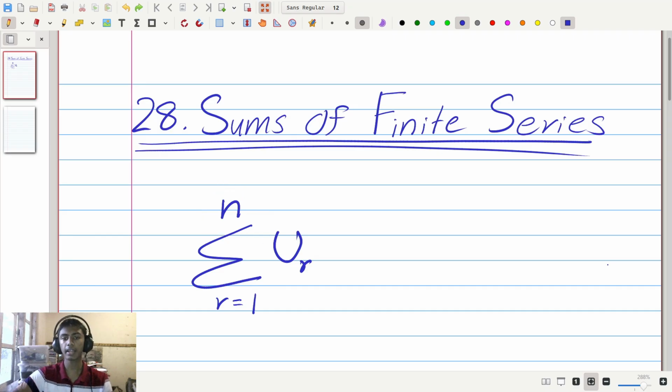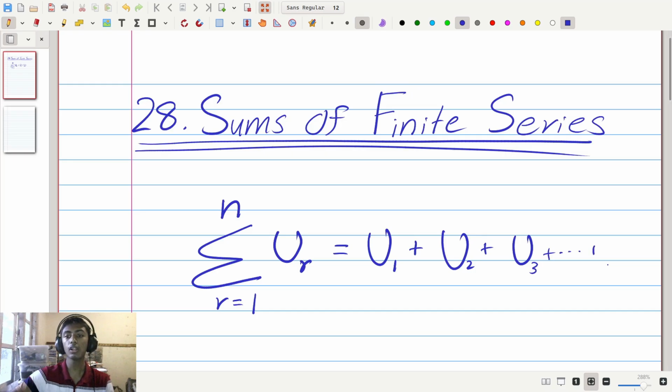So considering that, this sum is going to give us u of 1, plus the next value of r, r equals 2, so that's going to be u of 2, plus the next value, which is going to be u of 3, plus and so on, all the way up to the very final term where our counting variable is equal to n, and therefore the value on the inside that we're going to be adding together is going to be u of n.